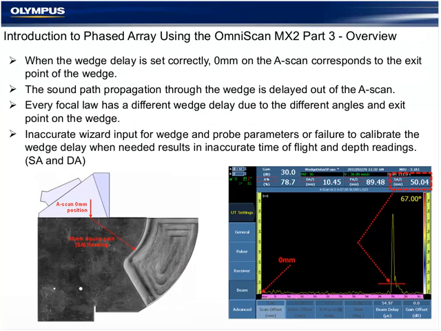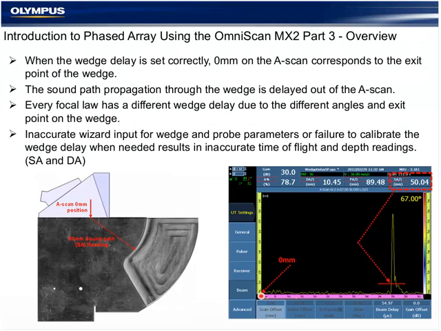So like in conventional UT, if the wedge delay was performed correctly, 0 here, which represents the probe to component interface, is also 0 here on our A-scan. If the wedge delay is correct, 0 appears here.